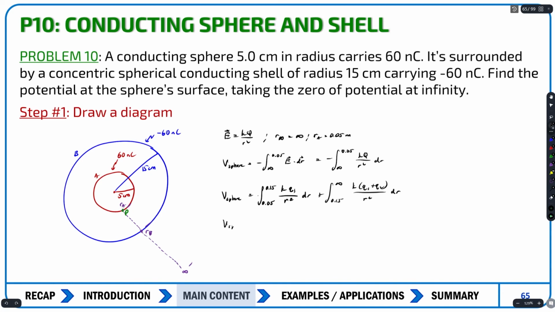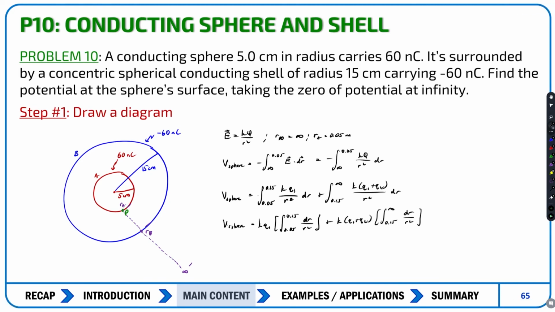So V sphere is going to be equal to kq1 times the integral from 0.05 to 0.15 of dr over r squared, and then we have q1 plus q2 times the integral from 0.15 to infinity of dr over r squared.